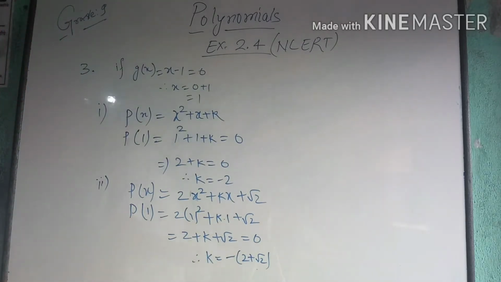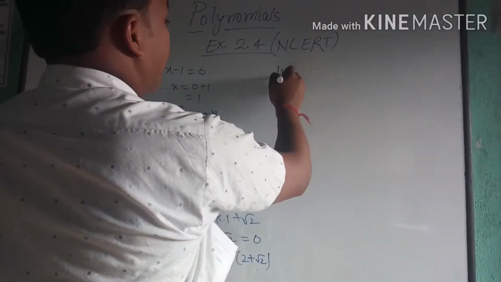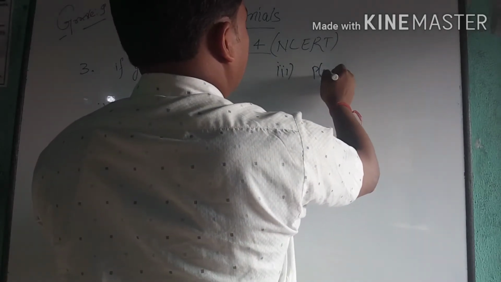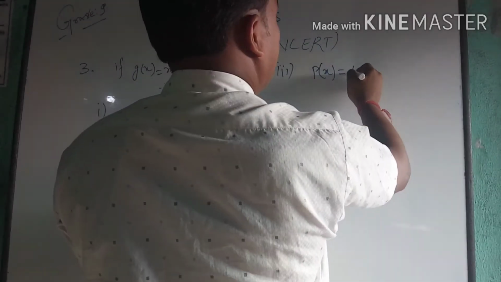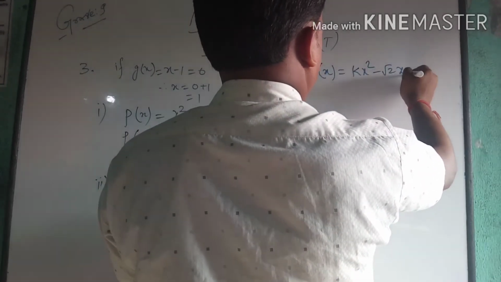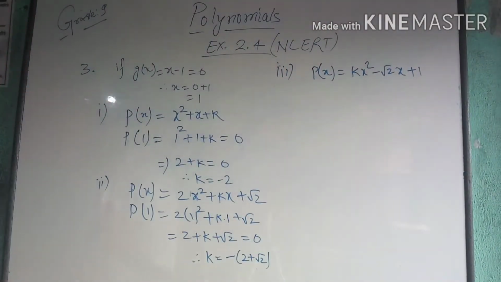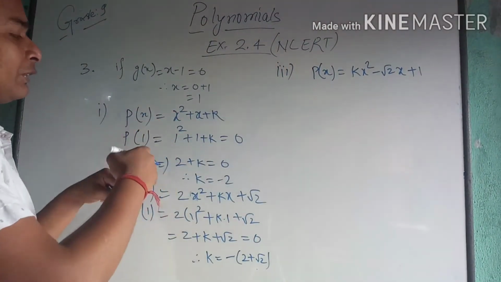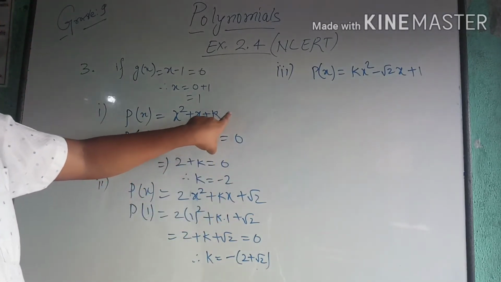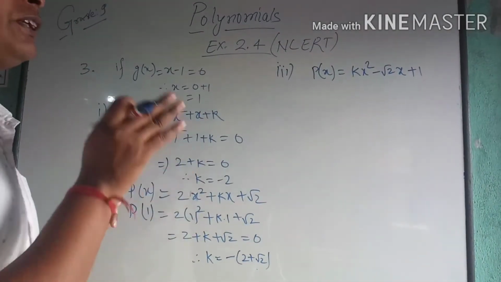Now part 3 is also in roots, that's why I am solving. P(x) is equal to kx square minus root 2x plus 1. Now my dear, one funda should be clear: wherever k may be, it was in the b term, it was in the c term, here it is in the a term, but the steps and the concept are always the same.